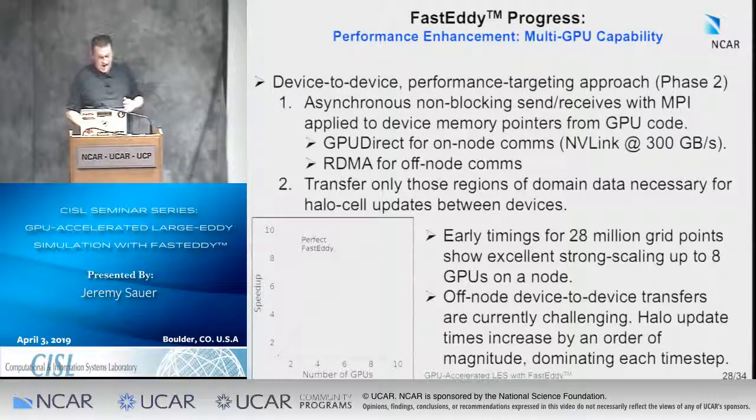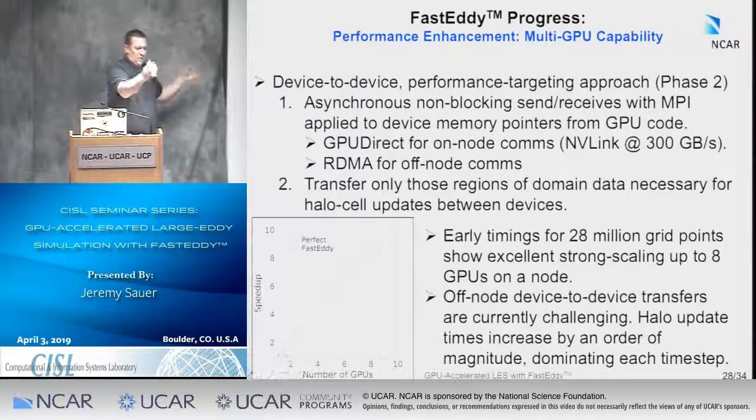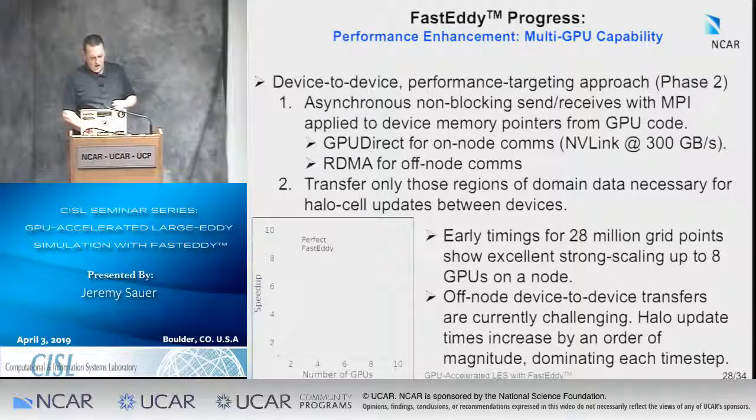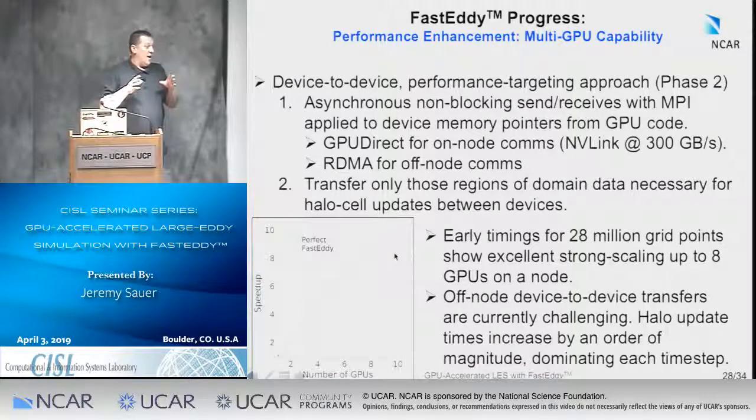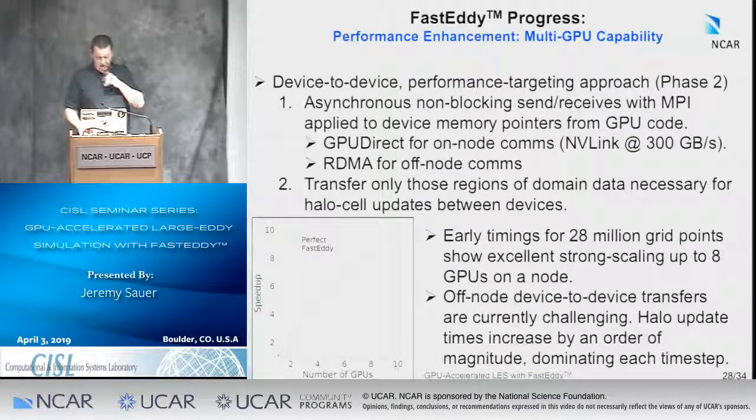So when you do a strong scaling and look at pairs of GPUs, or 4 or 6 or 8, you get something that looks super linear, but it's really not super linear. It's quite good, though. We strong scale very, very well across GPUs.